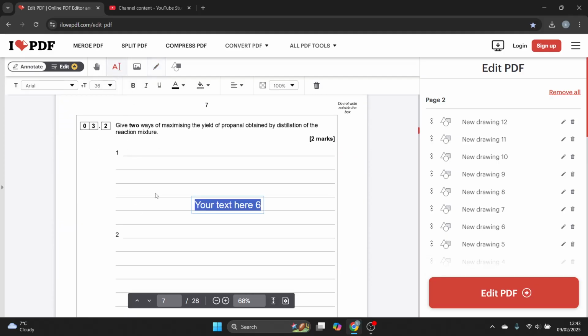Give two ways of maximizing the yield obtained by distillation of the reaction mixture.